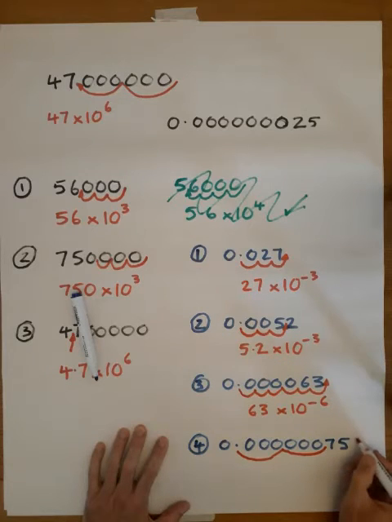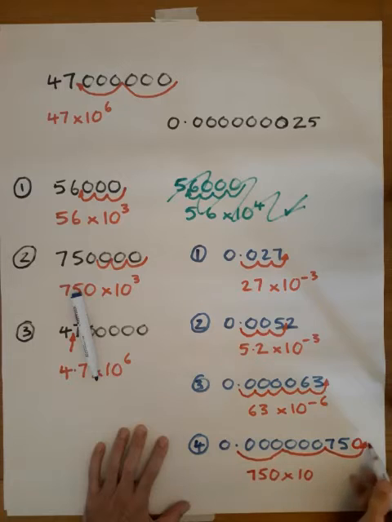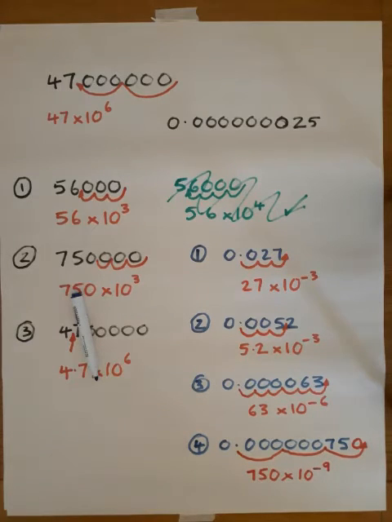But what I'm going to do is add a 0 on and go back another 3. This 0 does not change the size of the number. And I now have 750 times 10, and we moved it back 9 times, so times 10 to the minus 9.